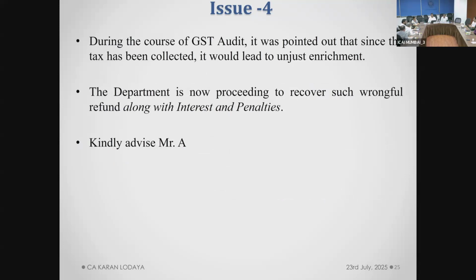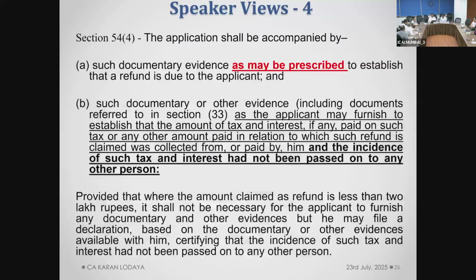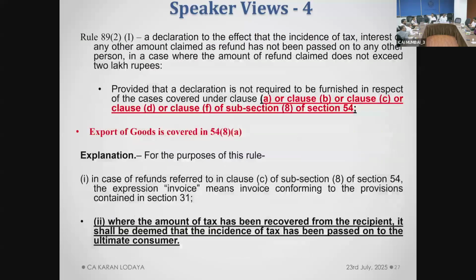Rule 89(2)(m) is there. Certification. That certification says that you have not transferred the burden. Sir, but in export it excludes export. Sanjay, sir, this is that rule. Provided a declaration is not required to be furnished in respect of cases covered under 54(8)(a).